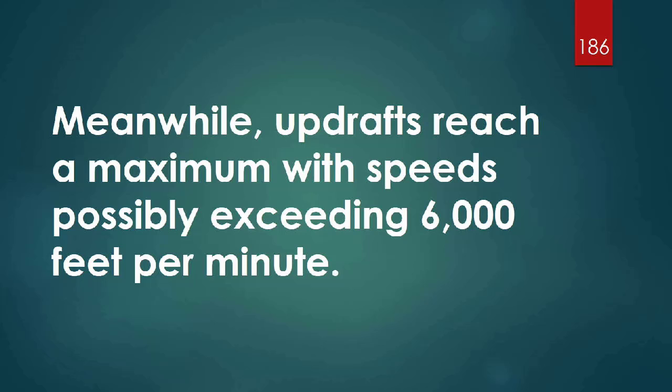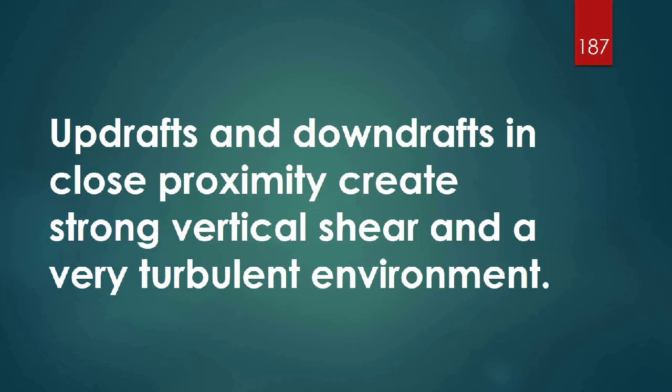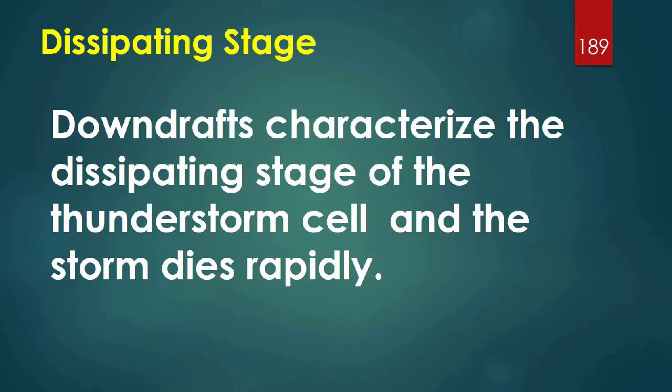Meanwhile, updrafts reach a maximum with speeds possibly exceeding 6,000 feet per minute. It's pretty crazy, right? Updrafts and downdrafts in close proximity create strong vertical shear in a very turbulent environment. All thunderstorm hazards reach their greatest intensity during the mature stage.